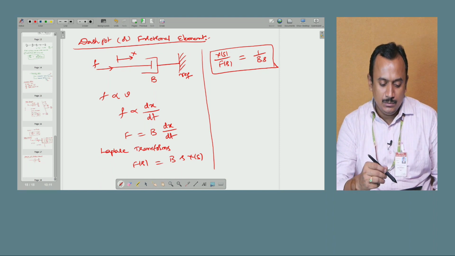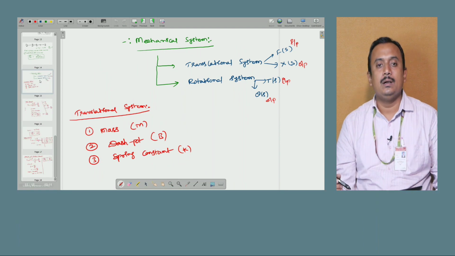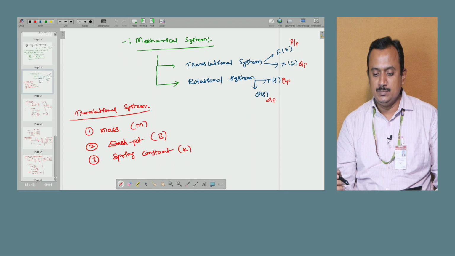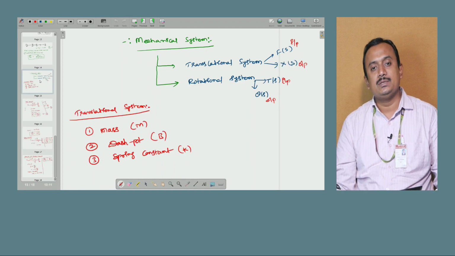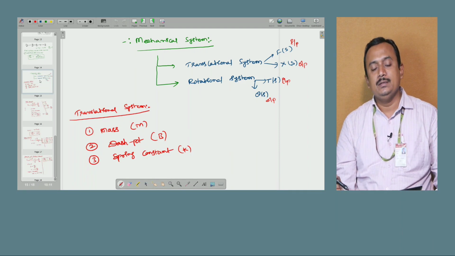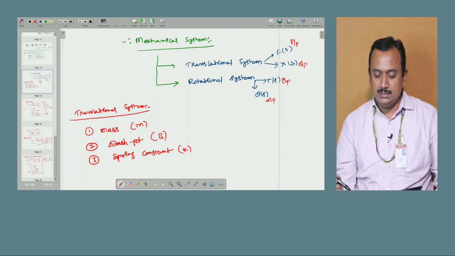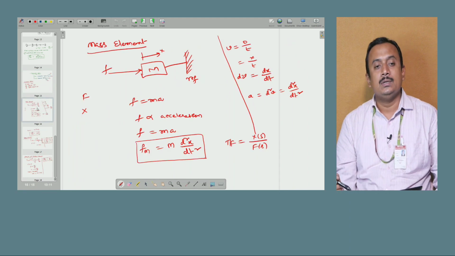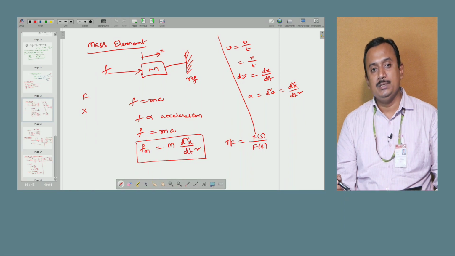If you just look at the mechanical system from the starting, this mechanical system is divided into translational system and rotational system, and in case of translational system the main three elements are mass, dash pot and spring constant, and we have found out the transfer function for the three individual elements.